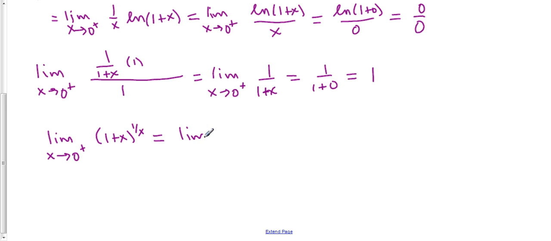The trick that I'm using to figure this out is to take that same limit, but with e to the natural log of (1 plus x) to the 1 over x. Now I figured out what this limit is. It's that 1 up there. So this is going to be equal to e to the 1, or e.